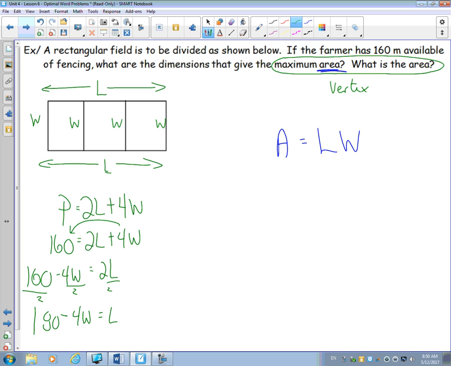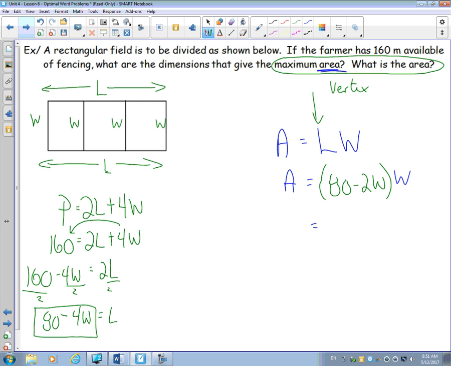In other words, I can take this equation and substitute it in for L. What that will look like then is L, what's L? Oh, it's 80 minus 2W times W.